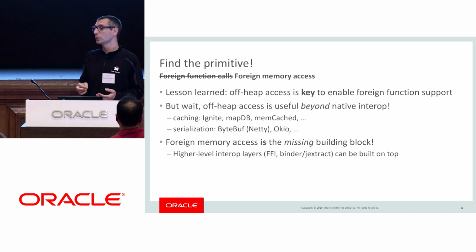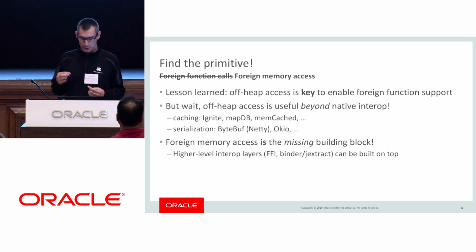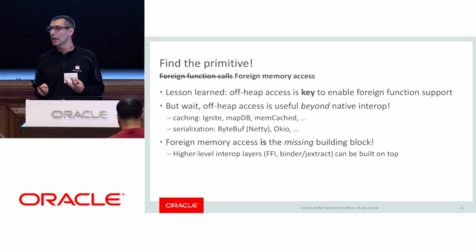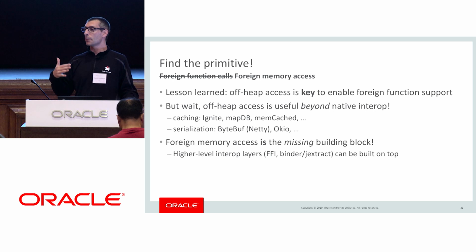There are a lot of frameworks that do this. I spoke with a lot of my colleagues doing machine learning. They are interested in modeling tensors off heap. That kind of stuff is not captured by any API we have in the JDK. So we have reason to believe that foreign memory access is actually the main missing block that Panama has been looking for all along. And if we have that, then we can build all the higher interop stories on top.